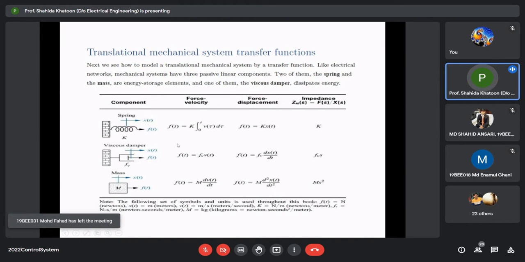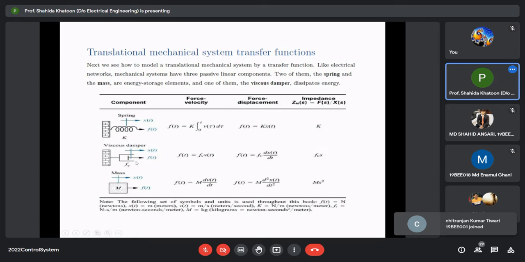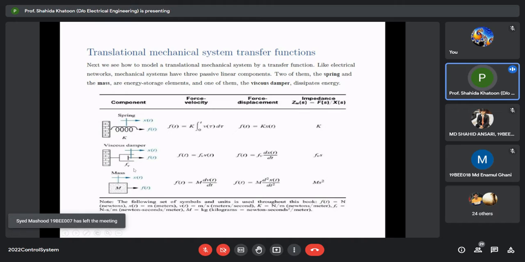So the other element which is of importance for mechanical translational system is viscous damper. It is basically a piston inserted in a cylinder. So the force by which this is pulled in this direction, x(t), is f(t), and the damping coefficient is f_v.